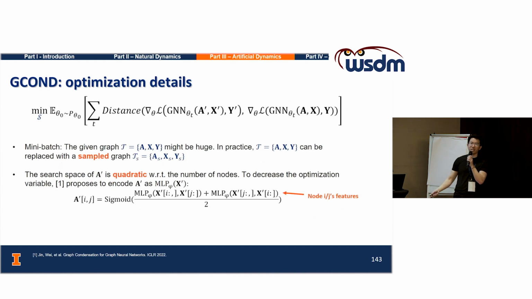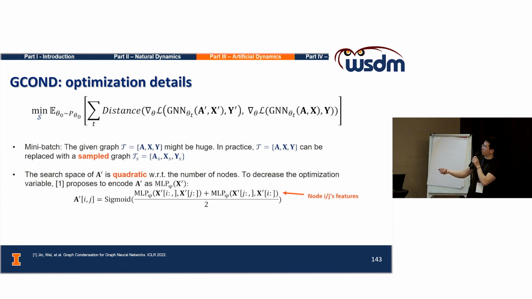So in practice, in every updating step, they sample T into a subgraph T sub S, and match the training trajectory of T sub S with the training trajectory on S. In the other training steps, they resample to ensure the information of T is all captured.